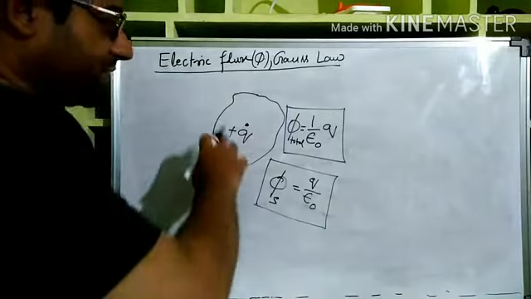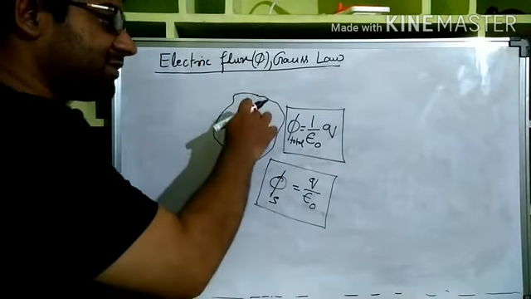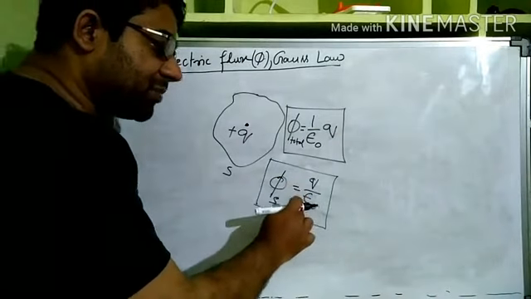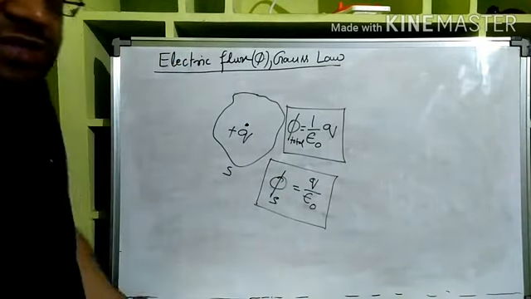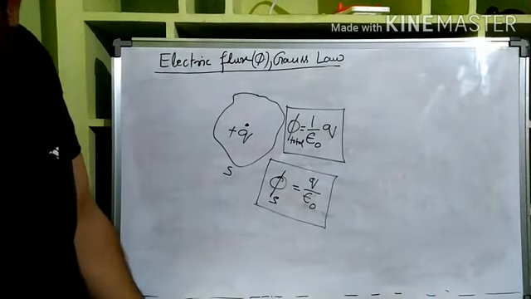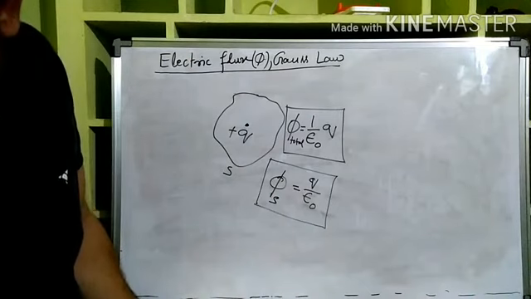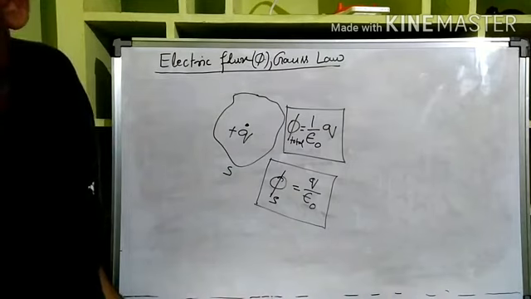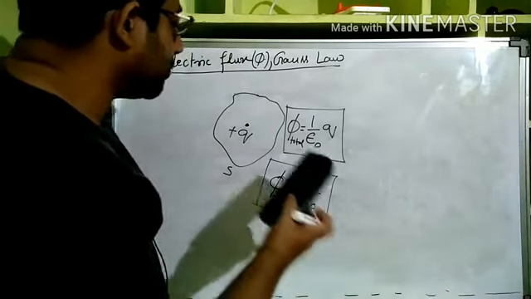In a vacuum, we are considering this in a vacuum. Otherwise, it is 1 by the permittivity of whatever is the medium, times the charge enclosed in the surface. It's very clear, right?